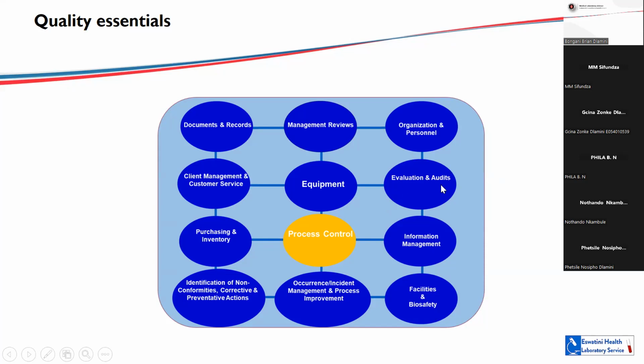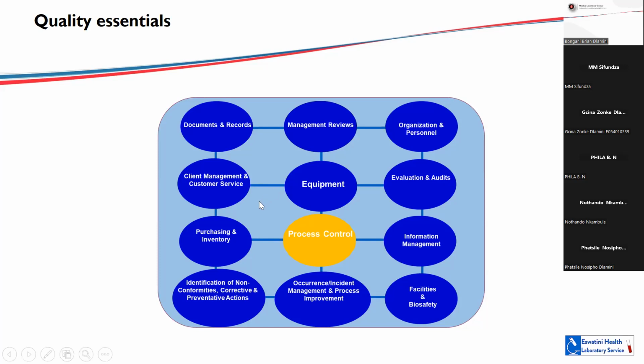Then again, we have evaluation and audits. So we need to periodically do some audits in our laboratories as per the requirement of the standard, just to check if we adhere to the standard and see if there could be areas of improvements or non-conformances.